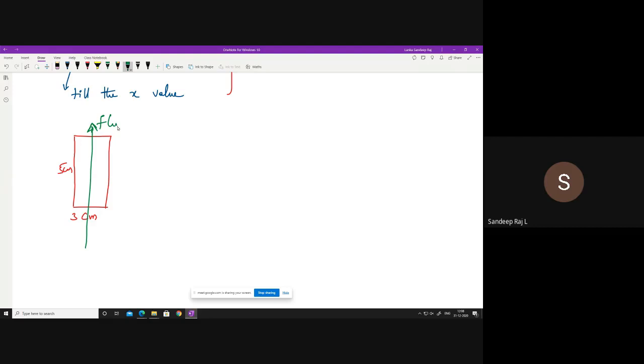This is the fluid flow direction. This is one case. And let me draw the other case also. It is also a similar case, 5 centimeters and 3 centimeters, and here the fluid flow is in this direction.